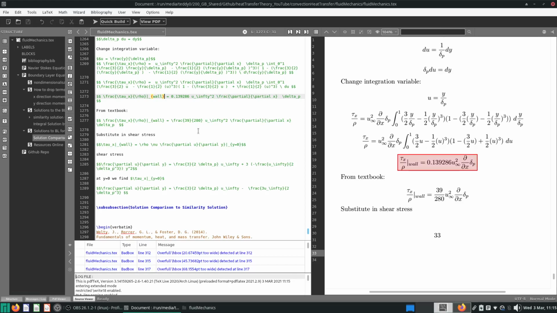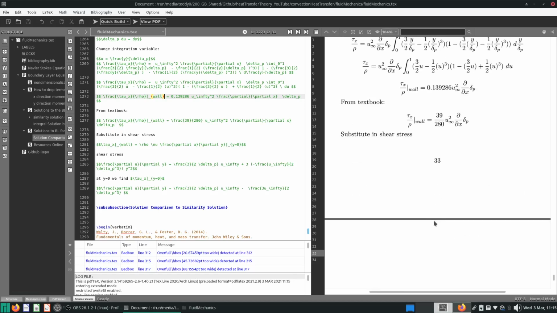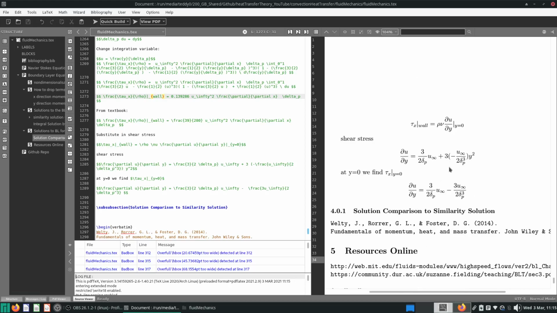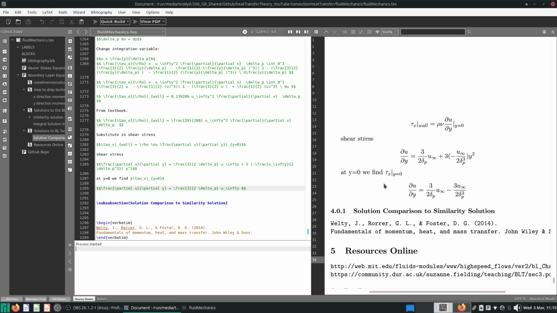Of course you can make the substitution all the way up. I'm not going to replace all the notations here, but all of this actually means the shear stress at the wall in the x direction. So this y should be equal to 0. That's why we have the partial u partial y.